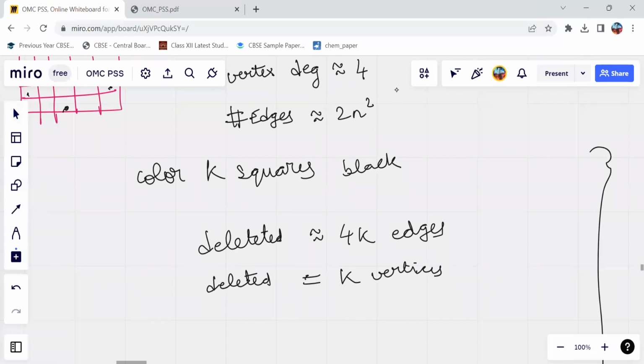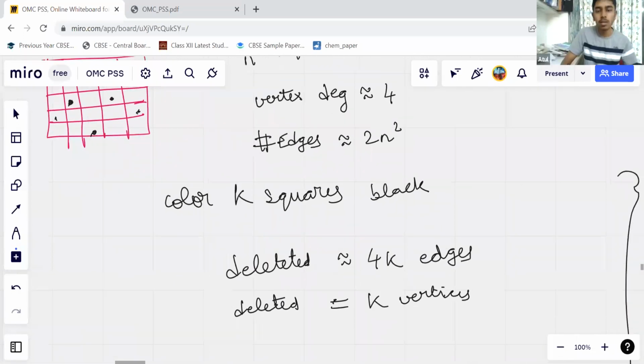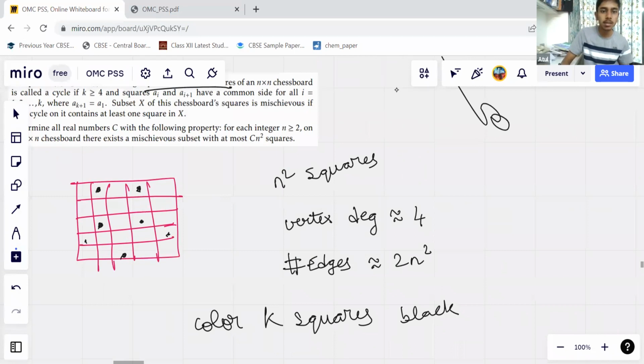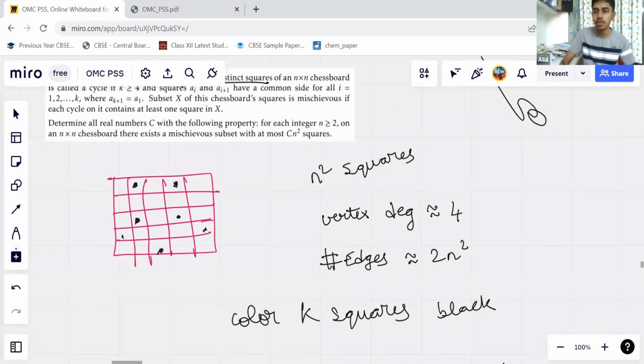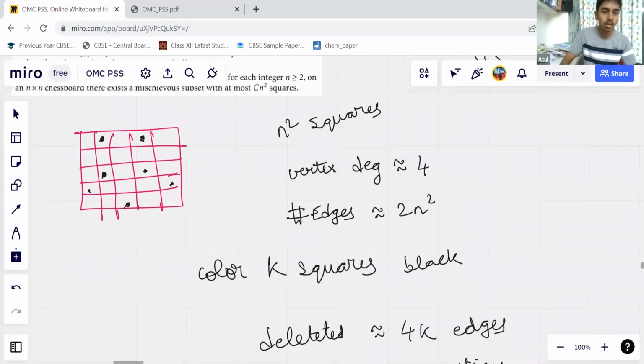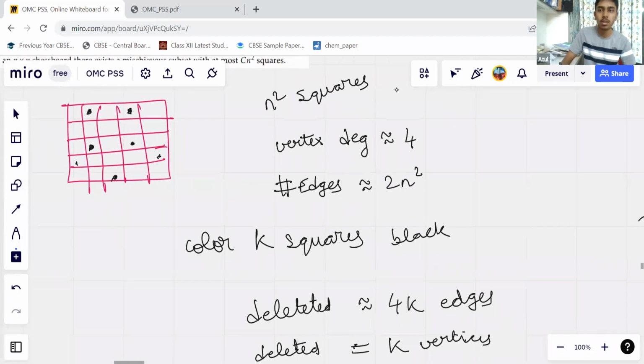Well, what do you mean color delete? Sorry, color k squares black. The mischievous subset, I'm just pretending we're coloring those squares black because that's what I did in this picture. So the set of squares colored black are the mischievous squares, if that makes sense.